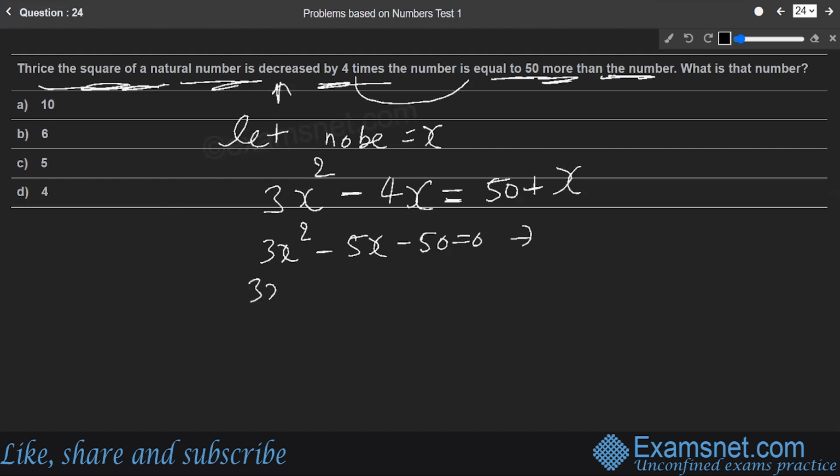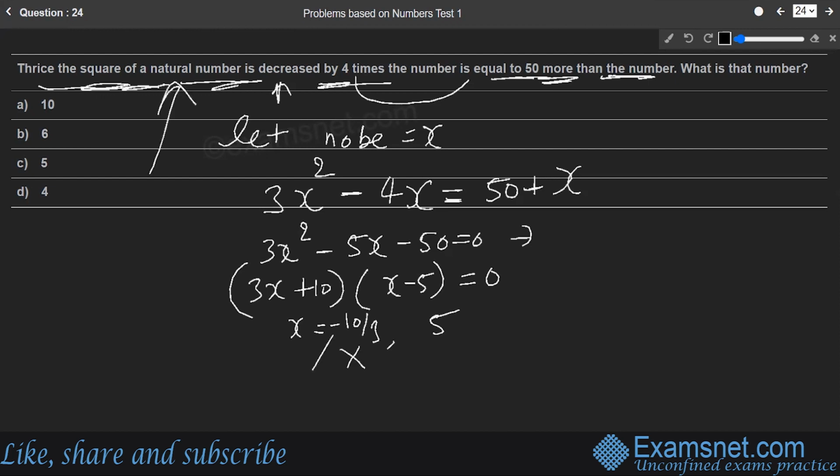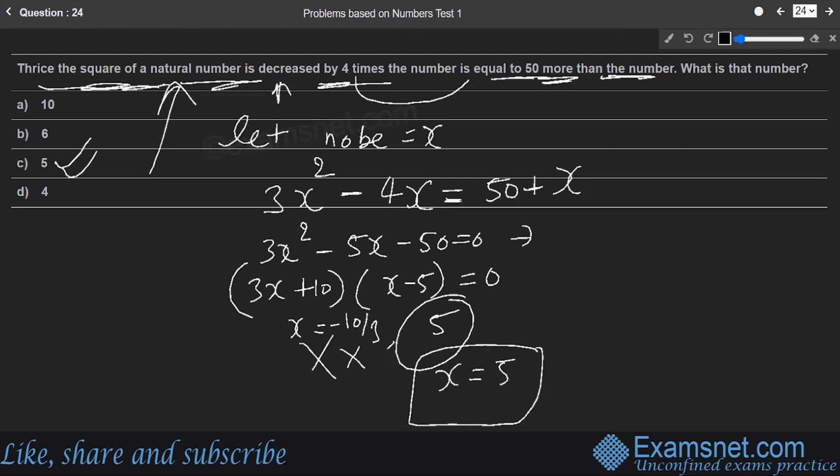If you do the factorization, the equation breaks down into 3x plus 10 and x minus 5 equal to 0. Solving this, one value comes as x equal to minus 10 by 3, another as x equal to 5. Obviously minus 10 by 3 cannot be taken, because he has said the number is natural. Minus 10 by 3 is not a natural number. So clearly the x value comes out to be 5, and that is available in option C, which becomes the right answer.